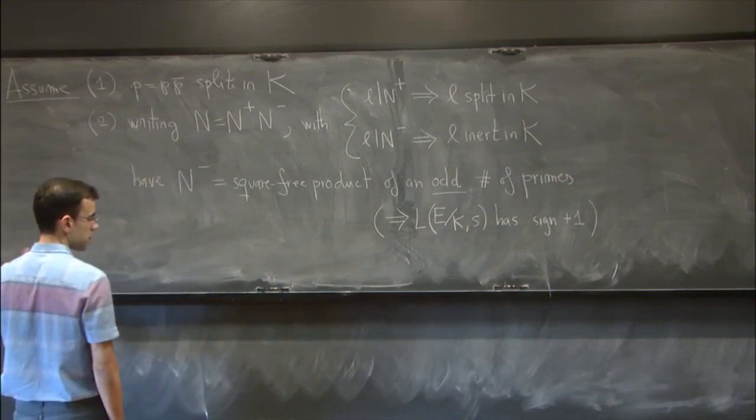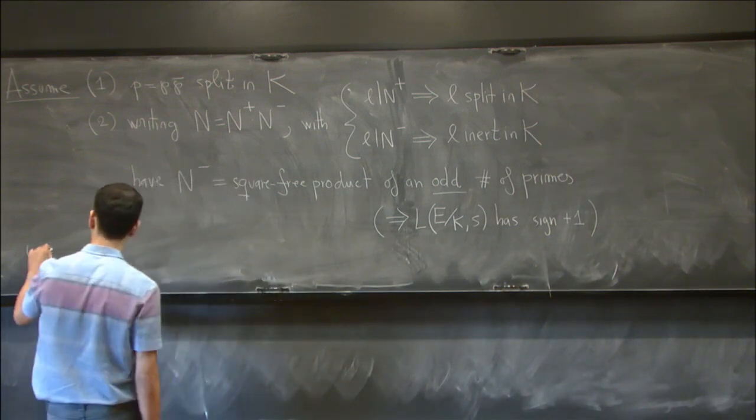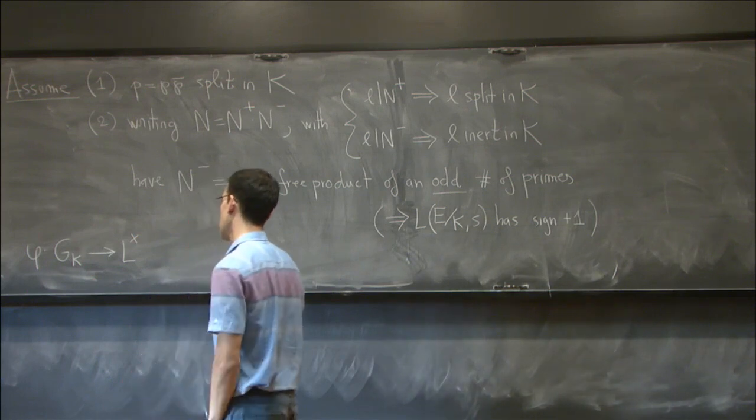Still a bit more notation. I'll let phi be a finite order character of G_K, the absolute Galois group of K, of conductor prime to Np.